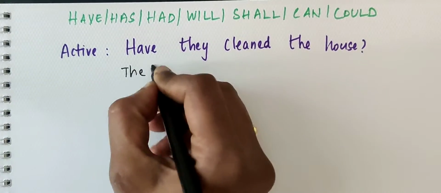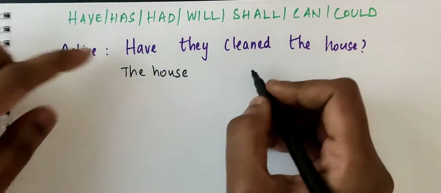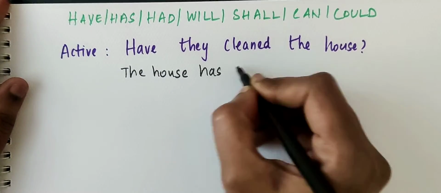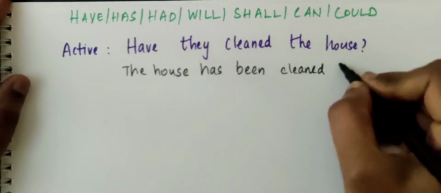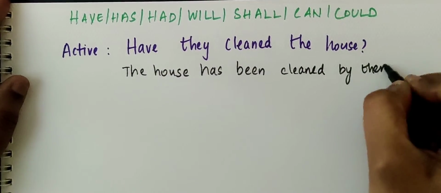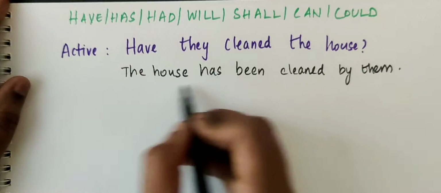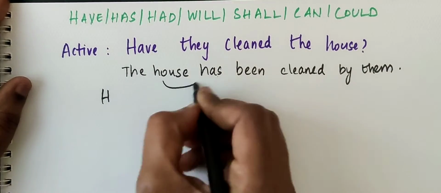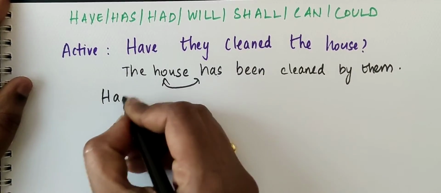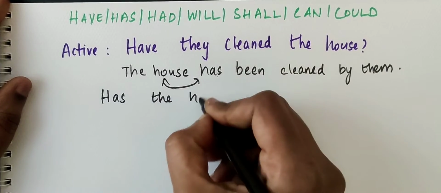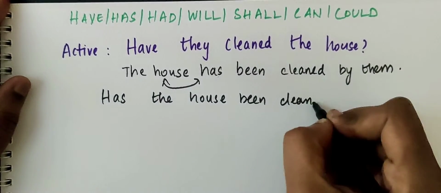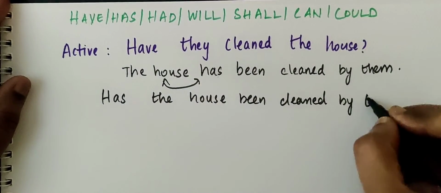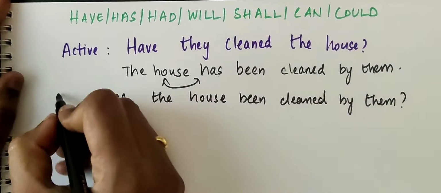They clean the house. So let's convert it into passive. The house, as it is in have form, it is has been cleaned by them. Now swap these two. Has the house been cleaned by them?